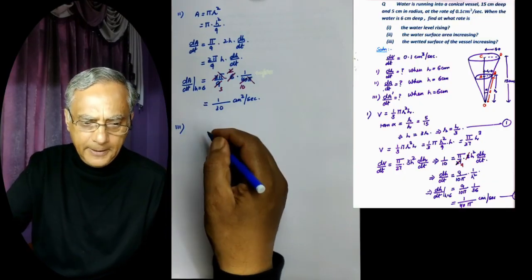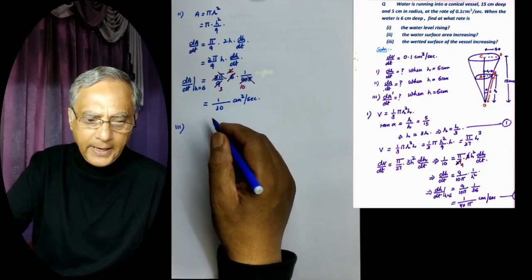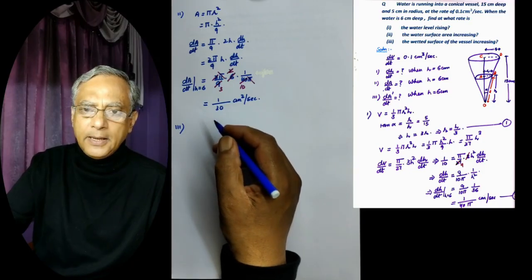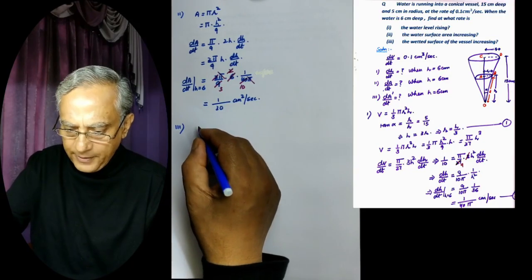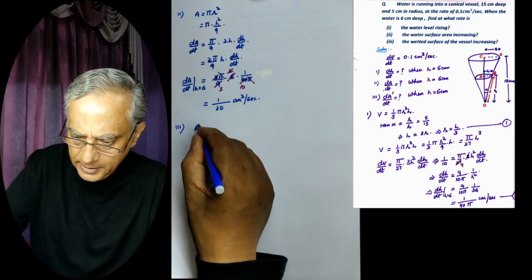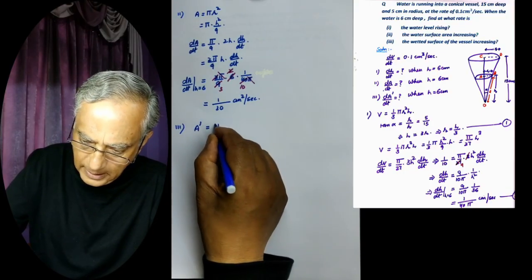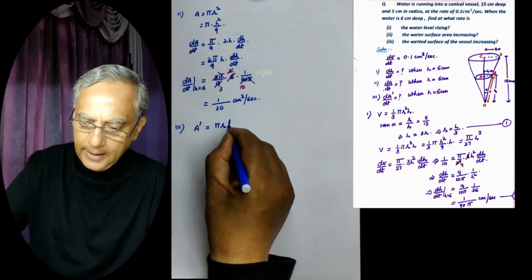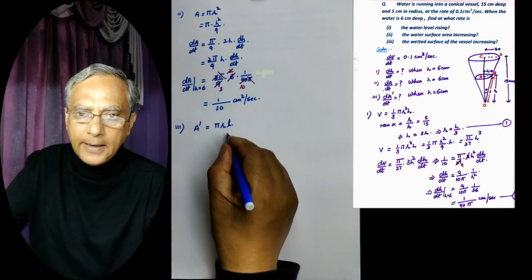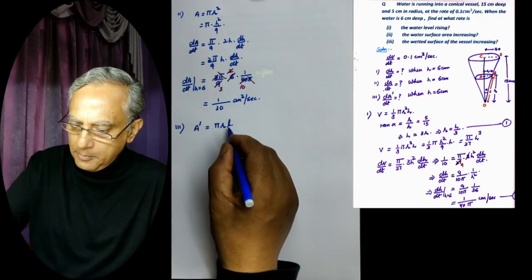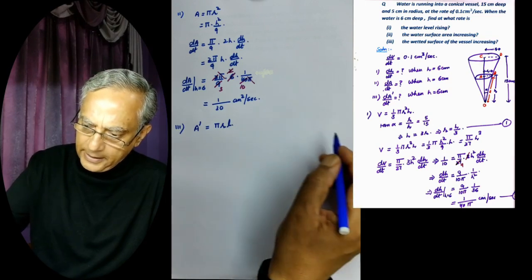And third part is, is the wetted surface area of the vessel increasing? The wetted surface area A dash is equal to pi r L. L has been marked in red color in this figure.